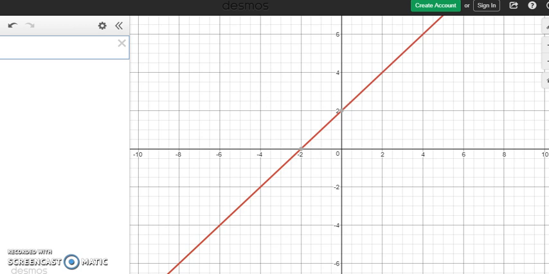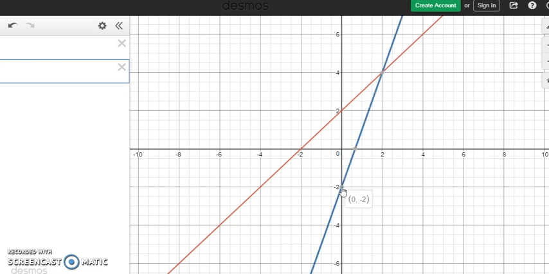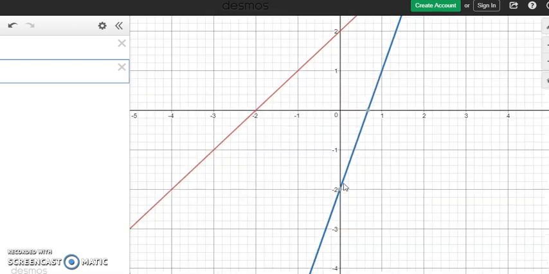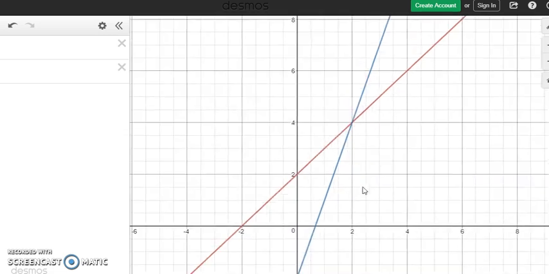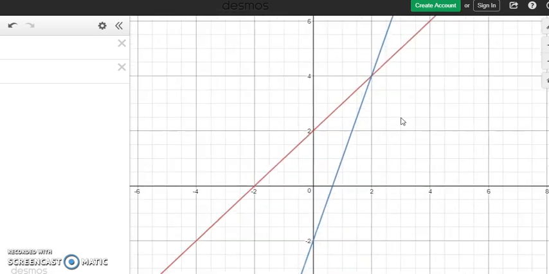The second equation is y equal to 3x minus 2. The y-intercept is minus 2, at (0, minus 2), and our slope is 3, so we go up 3 units, 1, 2, 3, and go to the right 1 unit, which is over here. Now let's zoom in and see what's going on.